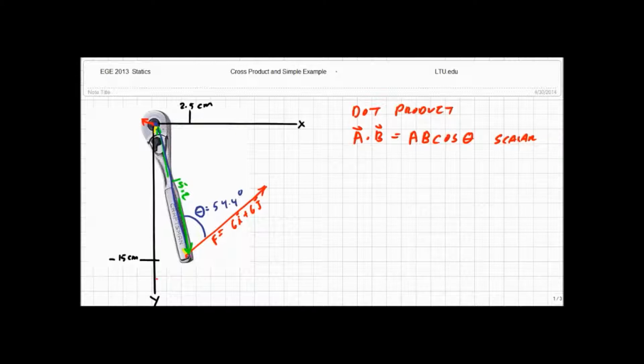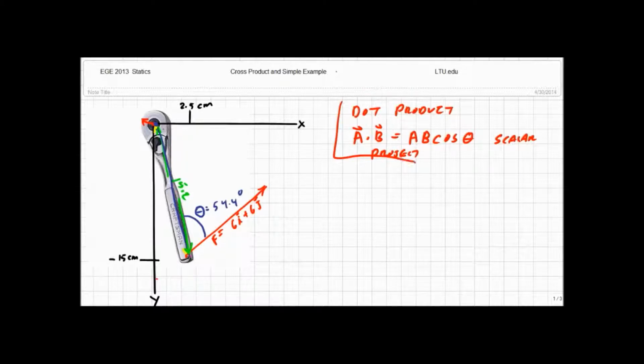Okay, we did that, and we used that to project one vector onto another. Typically, we will project a force onto a unit vector pointing in the same direction as a position vector, and so we can get the proportion of the force acting along that line. So that was the dot product.